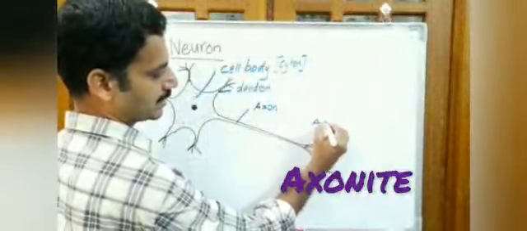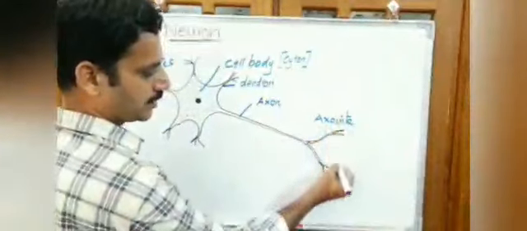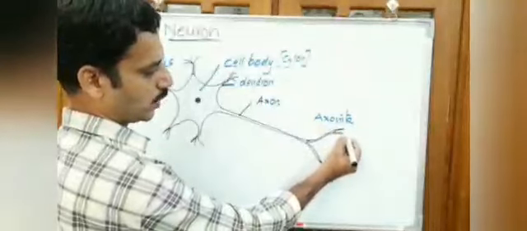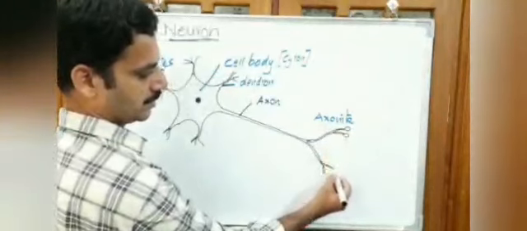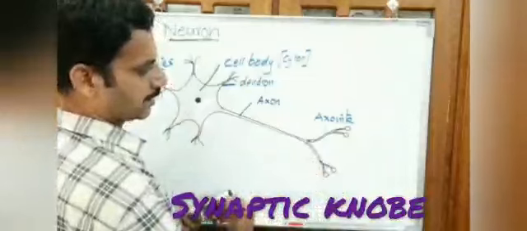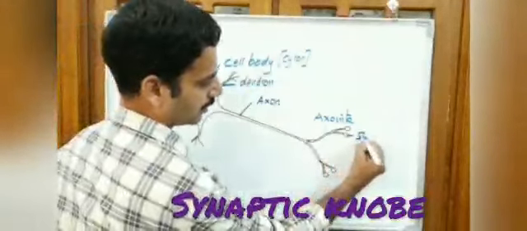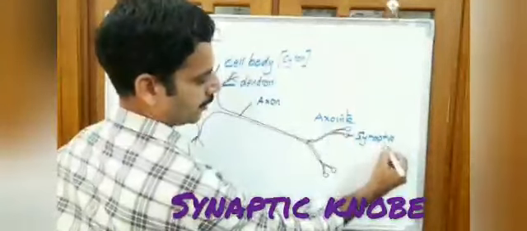The branches of the axons are called axonites. The swollen ends of the axonites are called synaptic knobs.